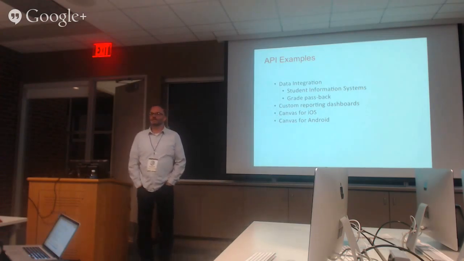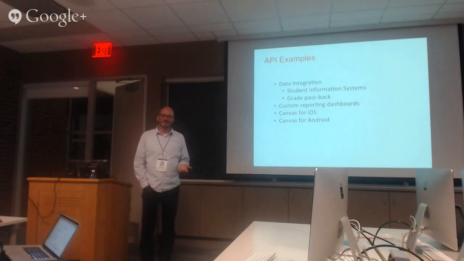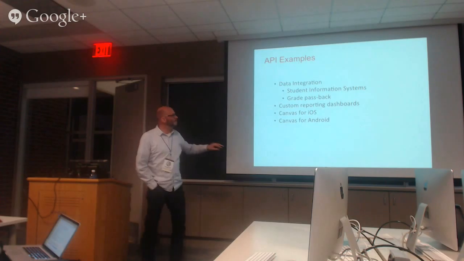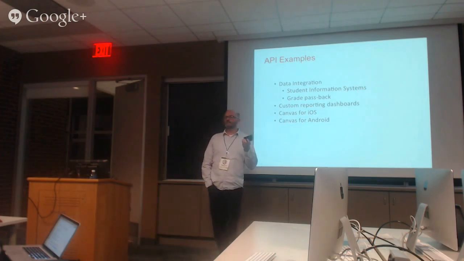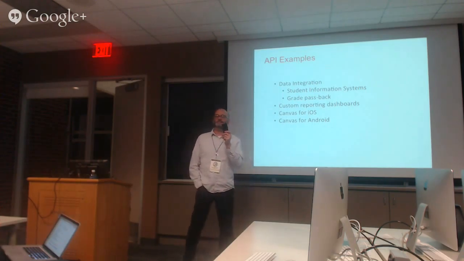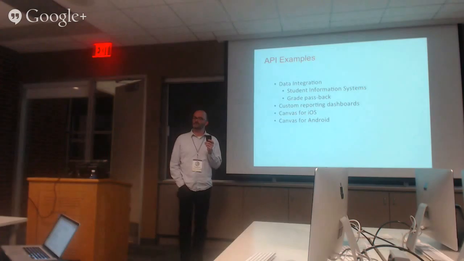They leverage the API, the same API that you have access to, that all of our schools have access to. That's what they use to develop these native iOS and native Android apps. And they're very robust. So the apps for our phones, for our tablets, the theme here is that as a student, I can complete my entire course using this thing I have in my pocket. It's all done through the Canvas API.